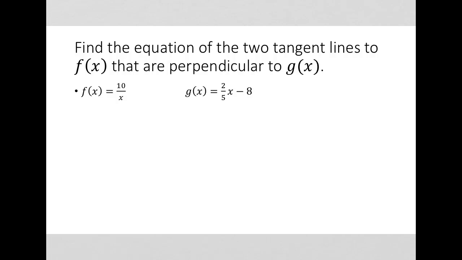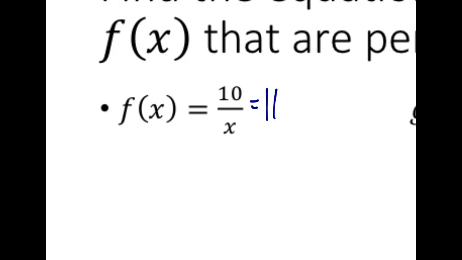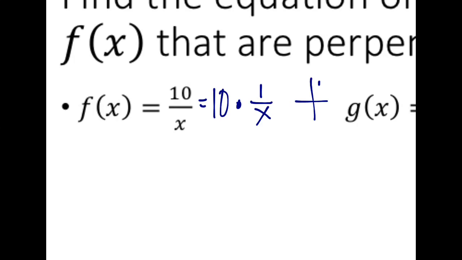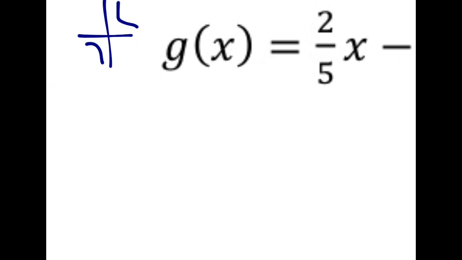So 10 over x, remember, you could think of this as 10 times the mother function, 1 over x. We know that 1 over x looks like this. So that's going to be the general shape of 10 over x as well. If you think about this graph, for whatever point you're looking at here, we're going to have two tangent lines that could be parallel to each other.